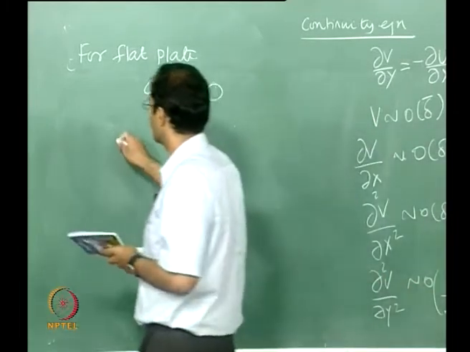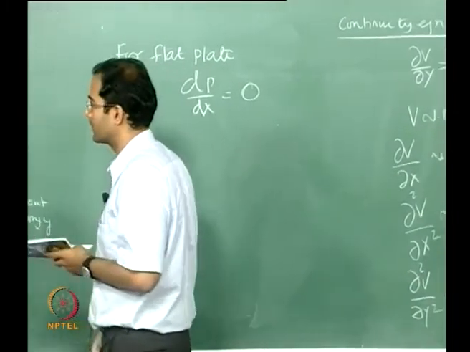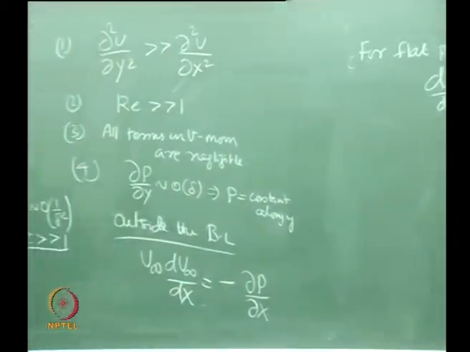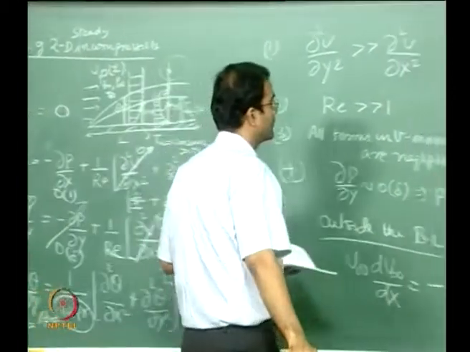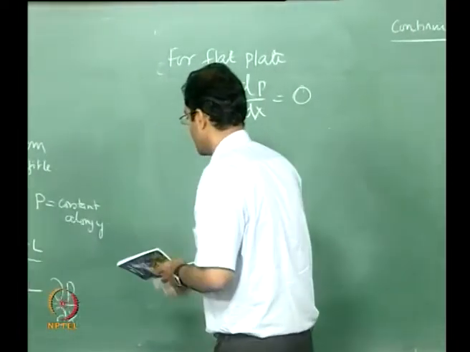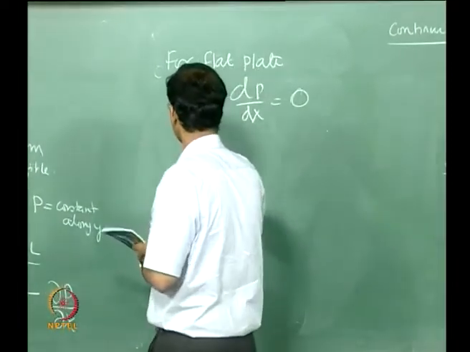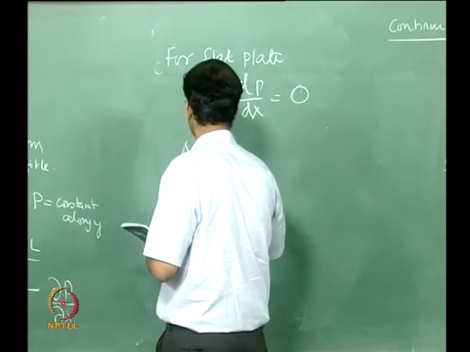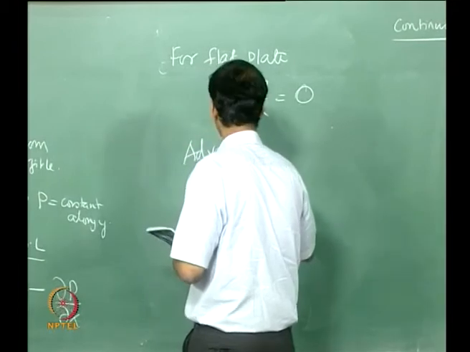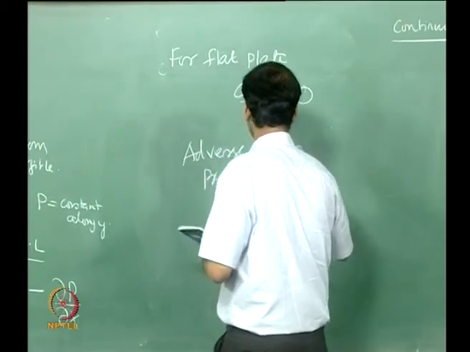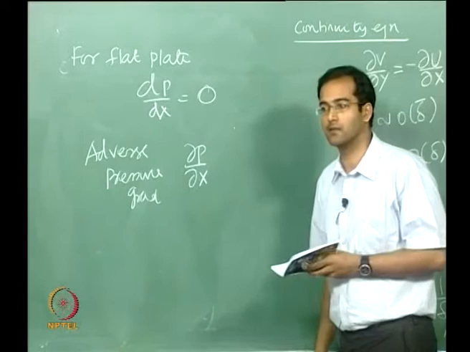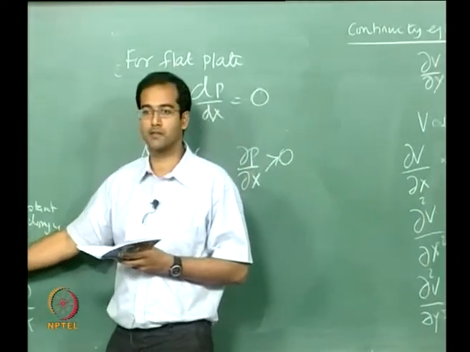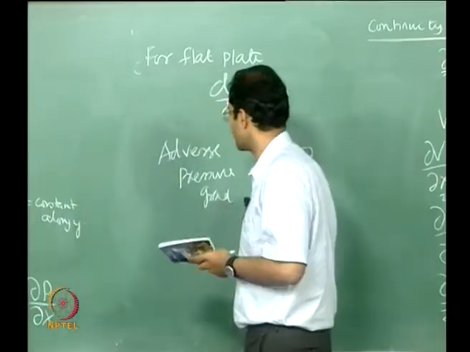For cases where your free stream velocity is a function of x, you can have two kinds of flows. One, if you have an adverse pressure gradient, the pressure should keep increasing. So dp/dx should be greater than 0, therefore your velocity will keep decreasing. That is the outcome.